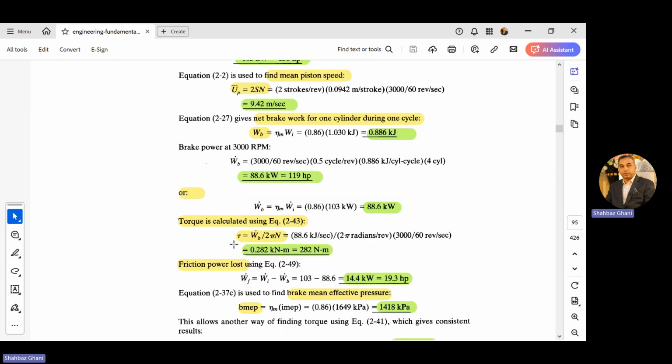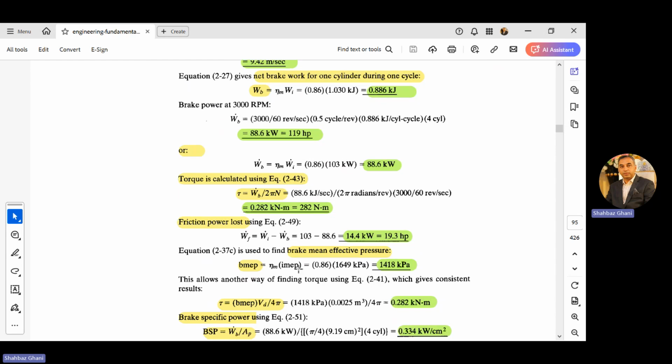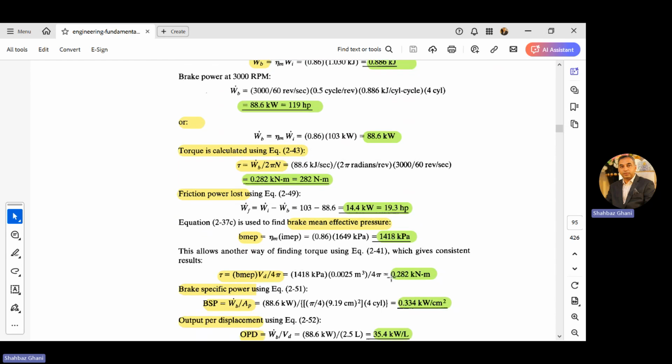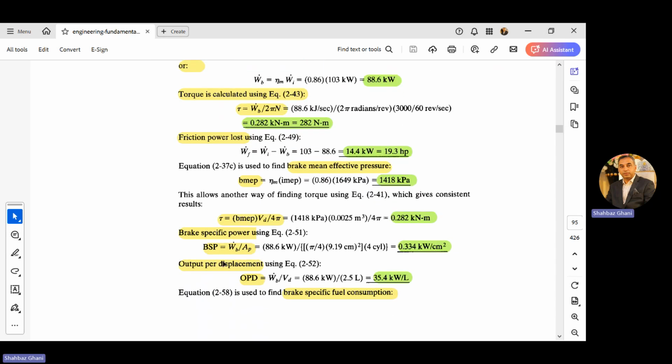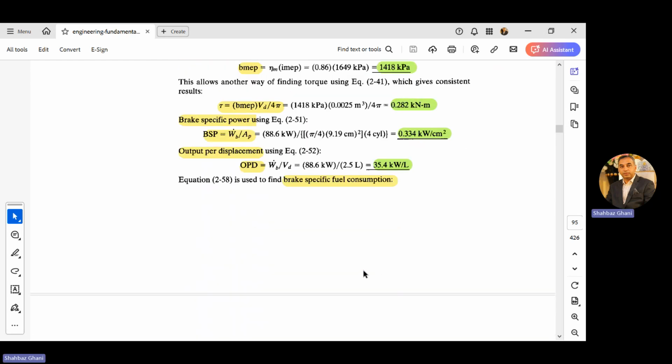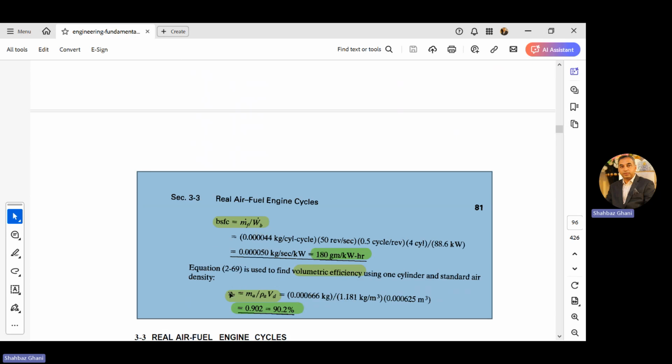Then we found the torque, the friction loss, power lost, brake mean effective pressure, and torque with another method. Then brake specific power, output per displacement, brake specific fuel consumption, and the volumetric efficiency.